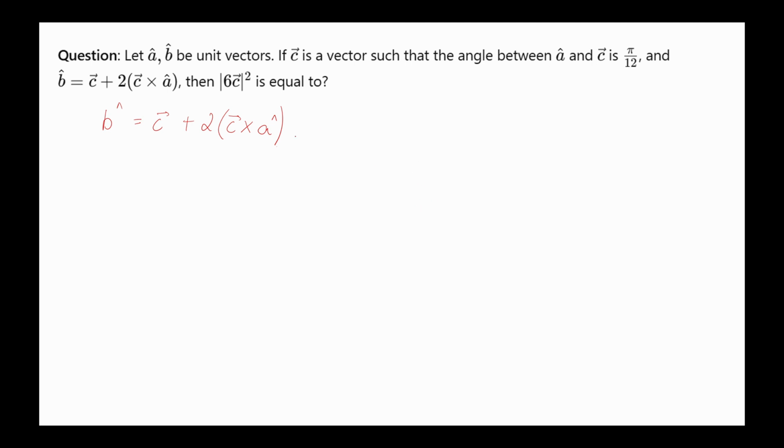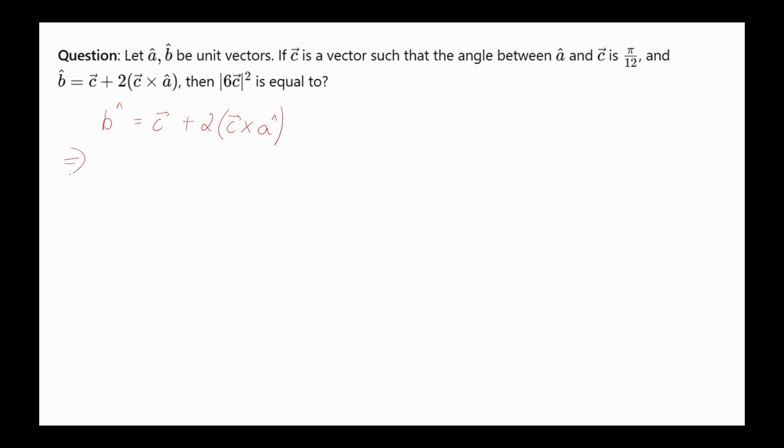And of course, since there is a cross product here, if I take the dot product with some other vector, there can be 0 that arises in that equation. So let us try to create that. So again, in the question they haven't given us any other information. So what we can do is simply dot product this entire equation with itself.